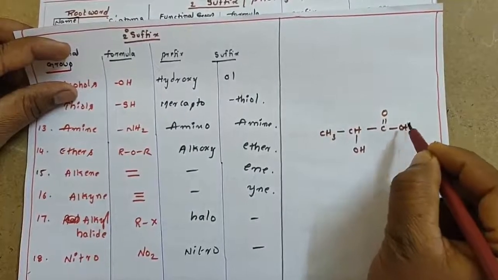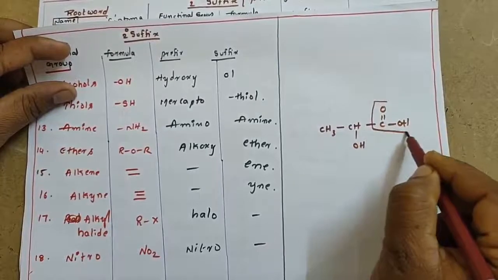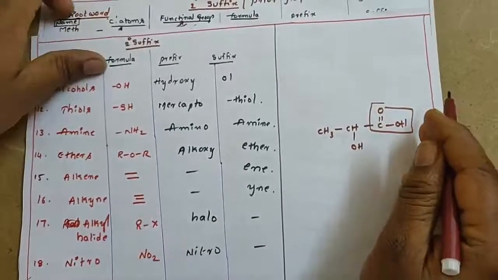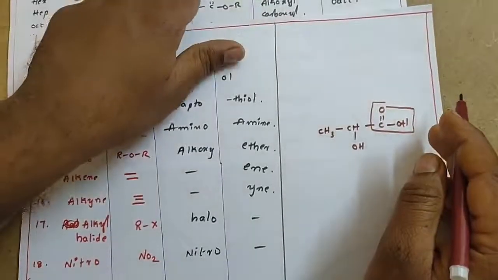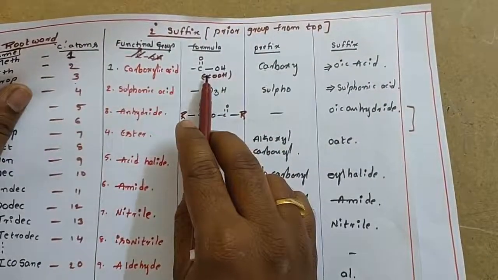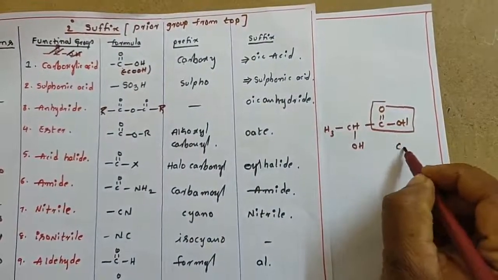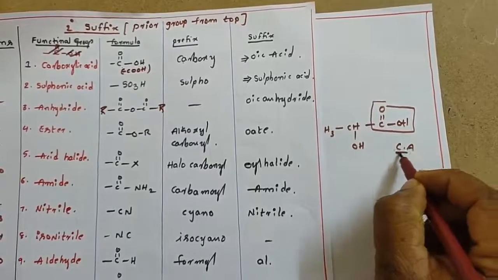What are the two functional groups present here? This is carboxylic acid: COOH is nothing but carboxylic acid. The functional group carboxylic acid is here.